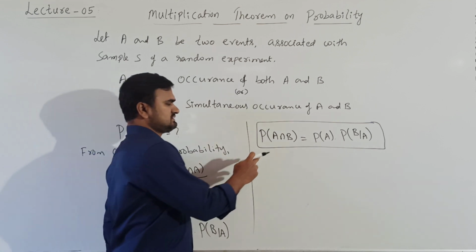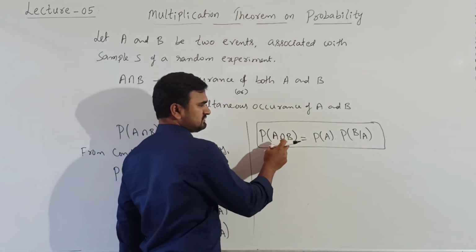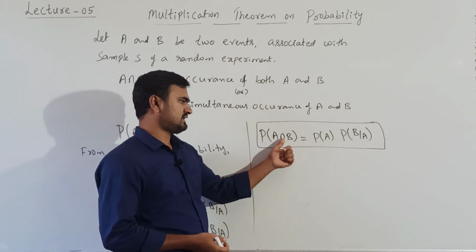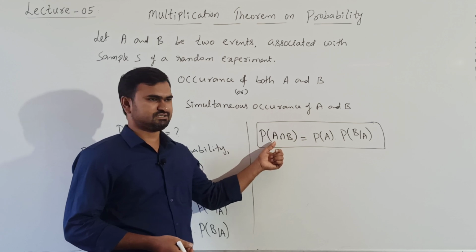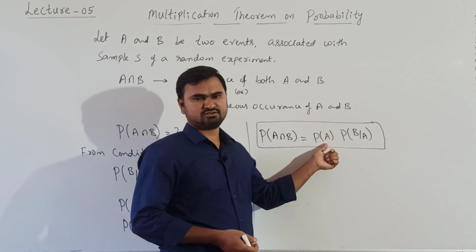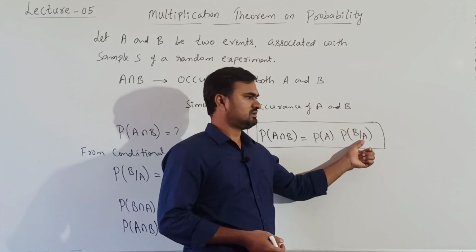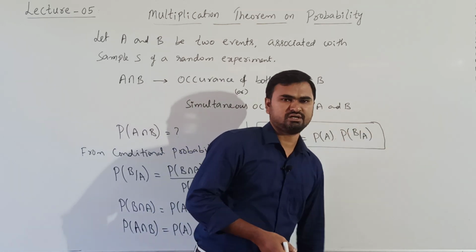The probability of occurrence of both the events A and B is written as the probability of occurrence of event A into the probability of occurrence of event B given that A has already occurred.